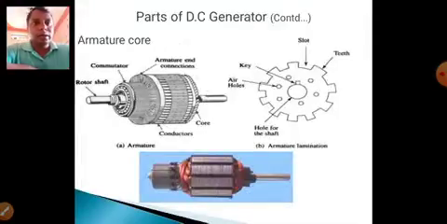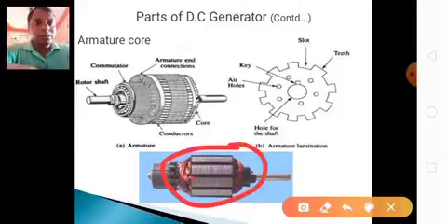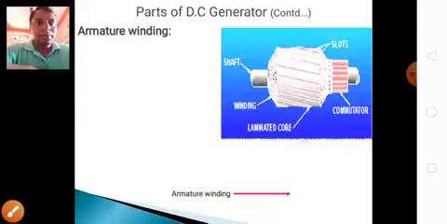And after winding, here it is showing the armature core, right? This is one slot of the armature. These are the armature slots, and in between we provide the winding in these slots, right?